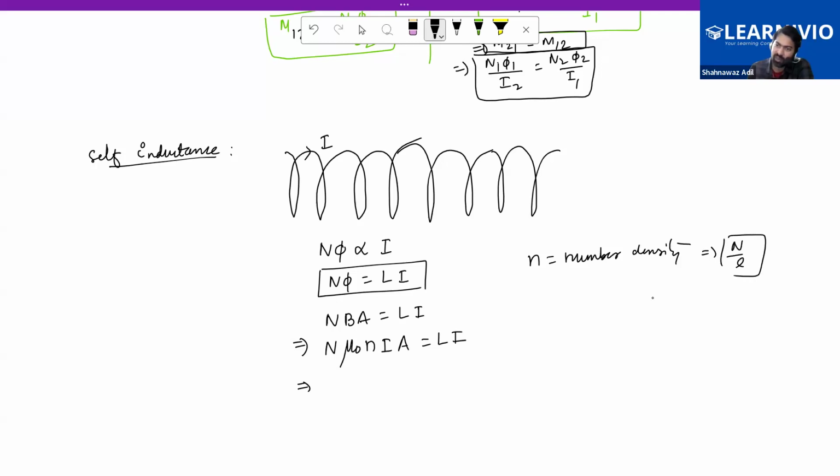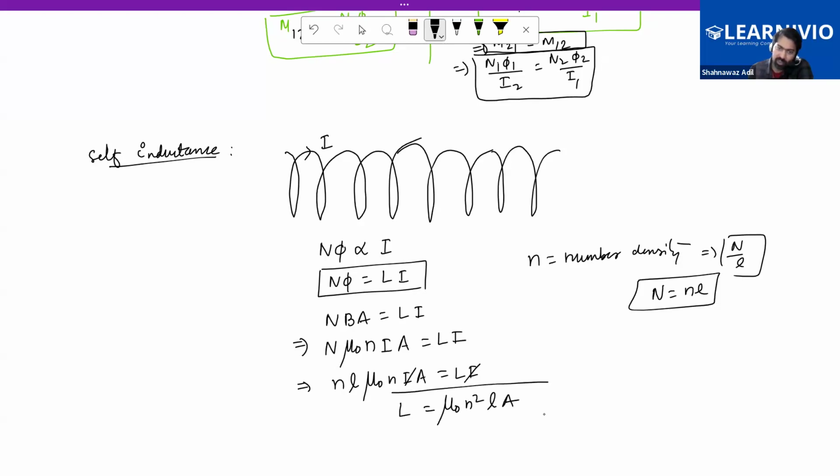So we can write the total number of turns as n into l. We can put this value in here. So this is n l, mu naught n I A, equal to L I. I and I will cancel, and you will get the self-inductance as mu naught n square l A.